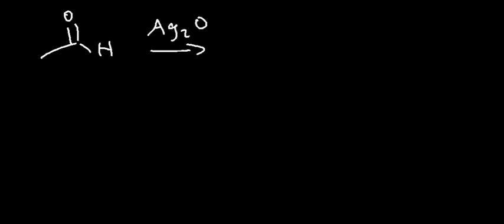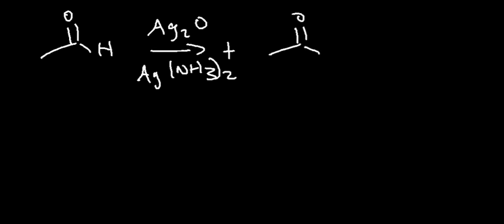So here's some other reactions that you need to be aware of. We're going to quickly go over it. If you have, let's say, an aldehyde, and you react it with a compound that contains silver, it could be silver oxide, Ag+, or even Ag complex with NH3. This is the Tollens reagent, and the silver ion in its +1 form is going to oxidize it to a carboxylate ion.